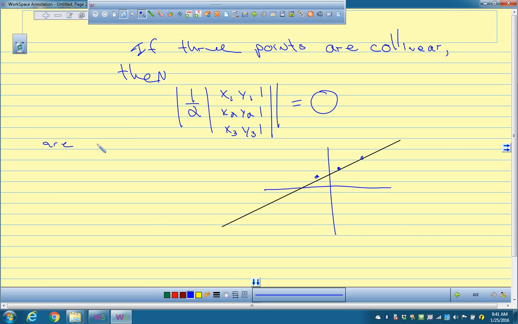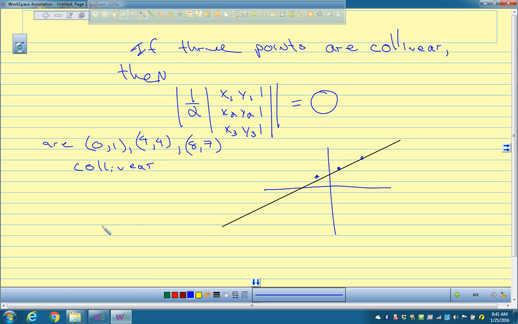Are 0, 1, 4, 4, and 8, 7 collinear? Yes. Well, how do you figure that out so quick? Because it goes up by a set amount. It's another way to look at it: this is going up by 4, this is going up by 3, so they have the same slope, so they'd have to be on the same line.